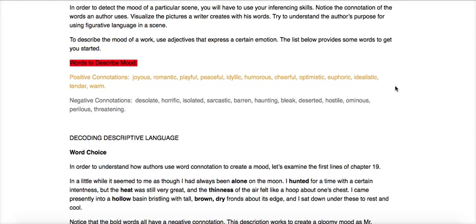Now, words with negative connotations could be desolate, horrific, isolated, sarcastic, barren, haunting, bleak, deserted, hostile, ominous, perilous, and threatening. Those words have kind of bad feelings associated with them.